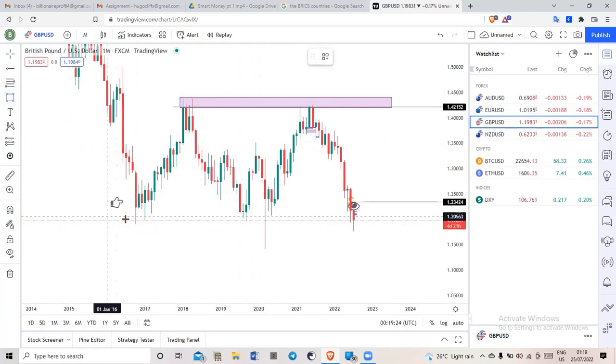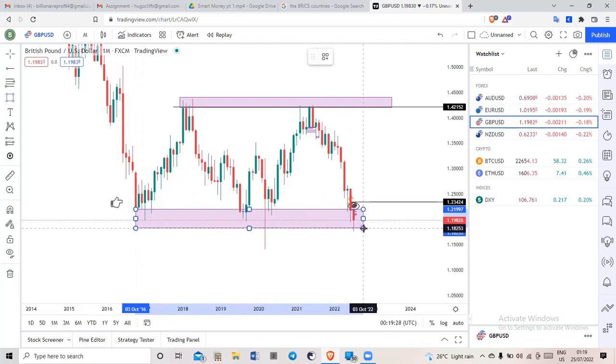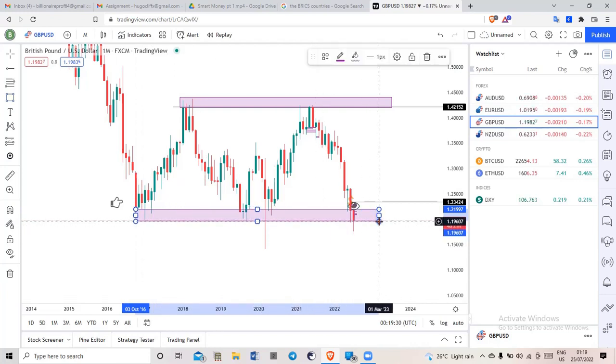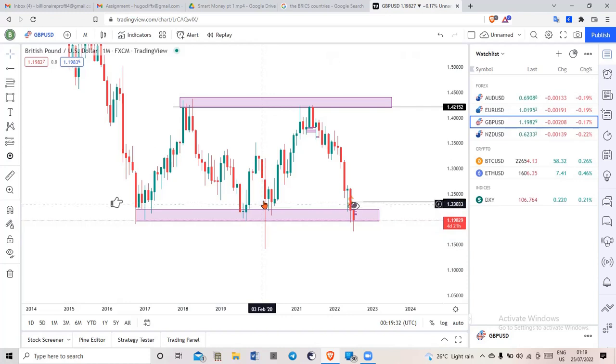So we can have this area as well as our area. Now somebody will say this guy got all the way to the downside here and then went back. Yeah, it happens.